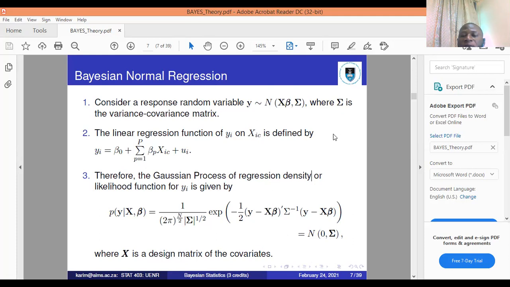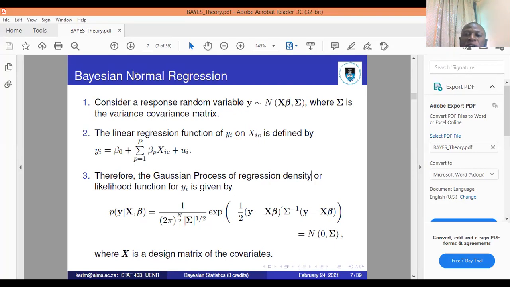Then finally, we will also look at how we consider the Bayesian regression models when the data are assumed to follow the binomial distribution. So we are going to start with the Bayesian regression for the normal data. Bayesian normal regression.